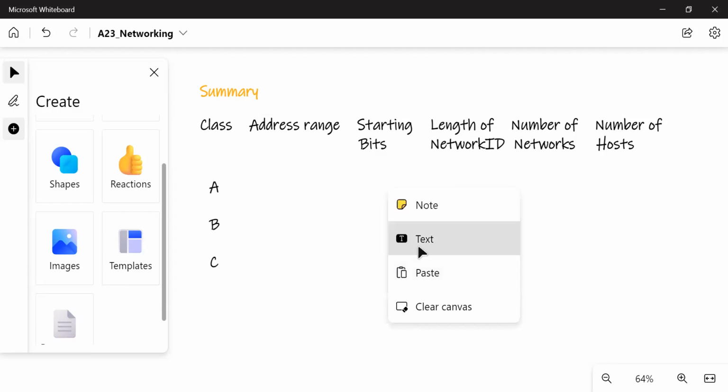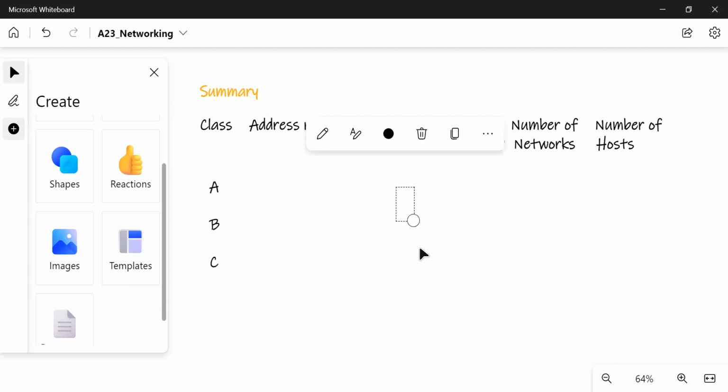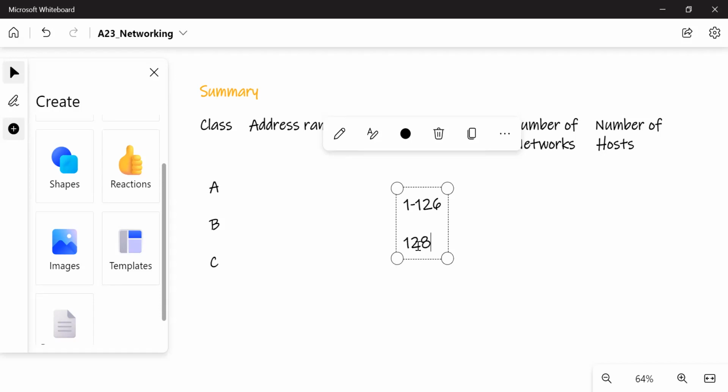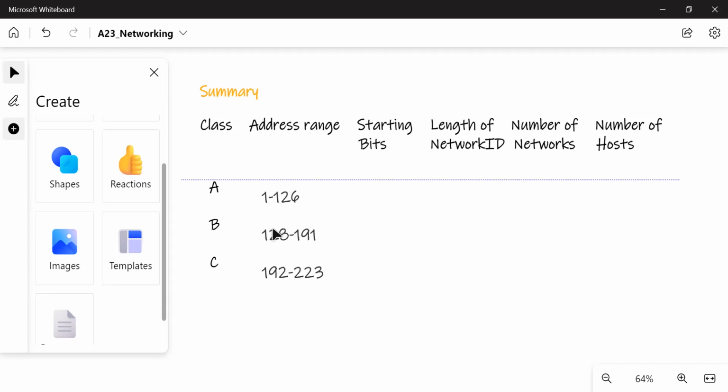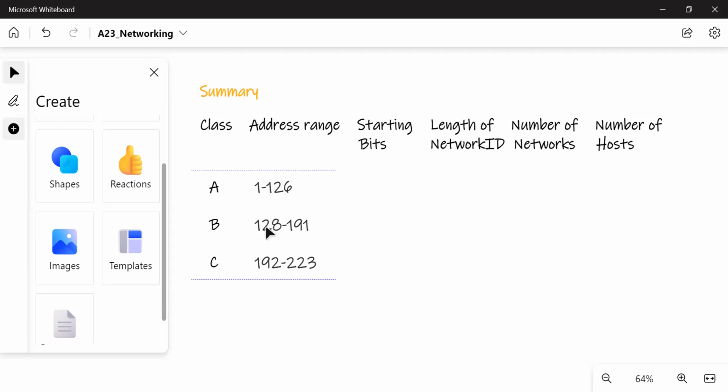When we talk about the IP ranges, A goes from 1 to 126, right? Then B goes from 128 to 191. Then C goes from 192 to 223. So that's what you need to remember about the address ranges.